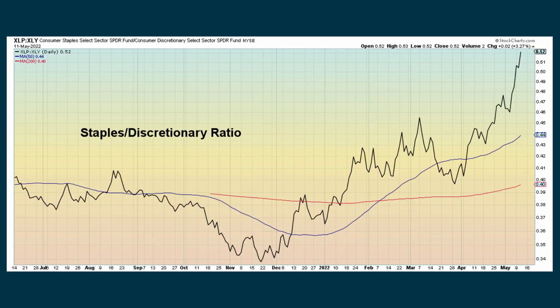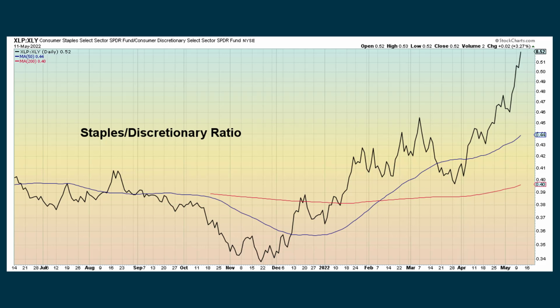Then we also look at staples, and these are things that people have to have, no matter what's happening in the economy. You have to have toothpaste, you have to have toilet paper, those types of things, where there's also a discretionary sector, the things that are nice and kind of make life interesting. When the economy starts having some trouble, they're usually the first things to go. So they're discretionary.